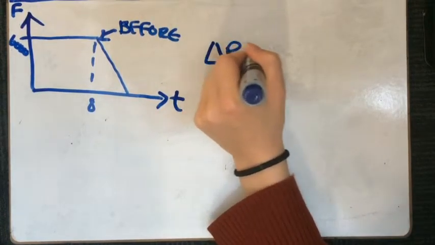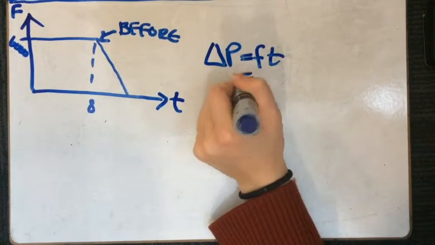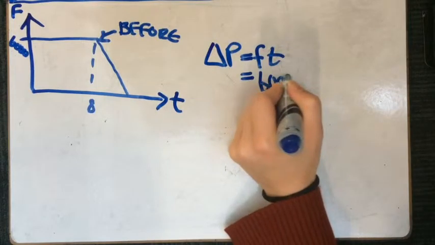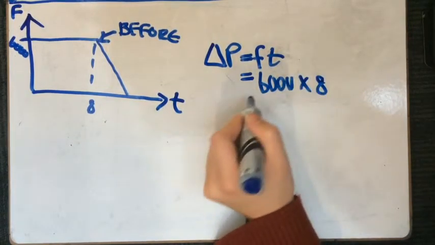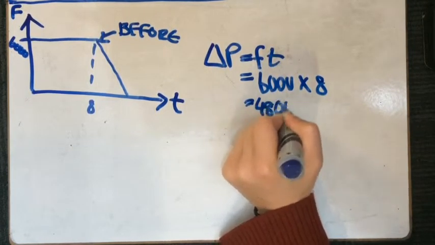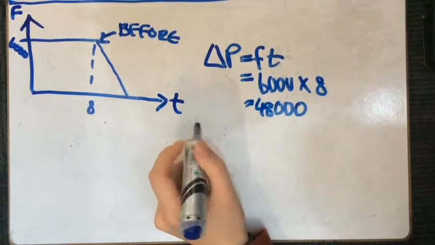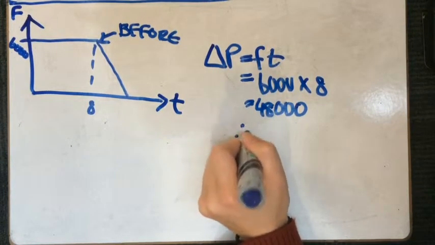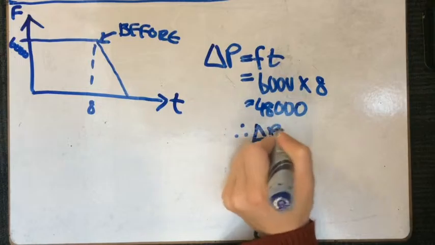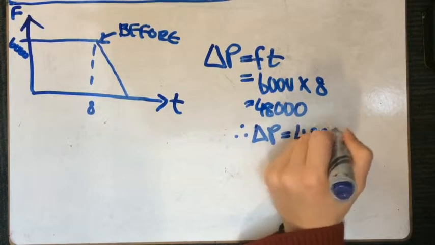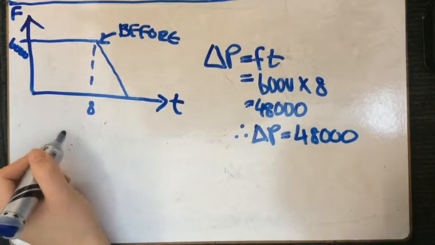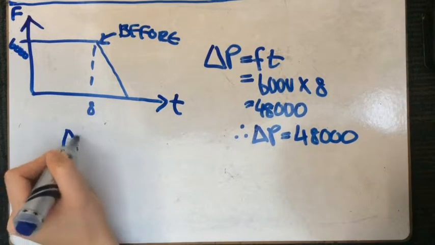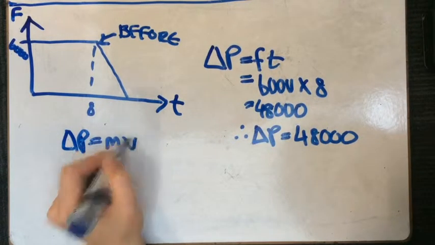So, first of all, we work out the impulse, which is the force times time, which turns out to be 6,000 times 8, which is 48,000. Now, we know the delta P is 48,000, so we put it into the equation: 48,000 equals m times v.